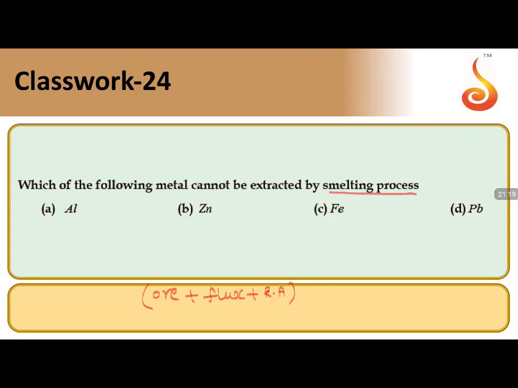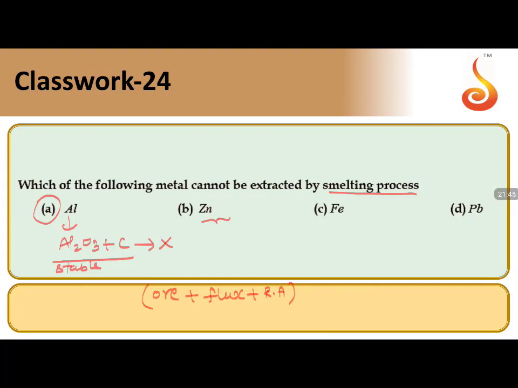But remember, a reducing agent like carbon or coke or anything, aluminum generally exists as Al2O3. It cannot be reduced by carbon. So aluminum oxide cannot be reduced by carbon since it is the most stable oxide. You cannot reduce it with a reducing agent. Smelting process cannot be applicable for aluminum extraction.